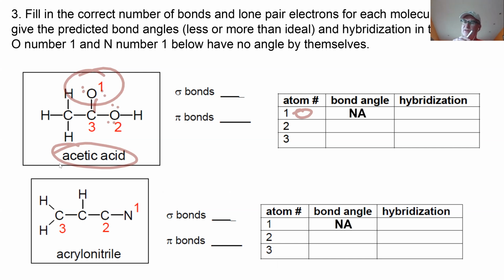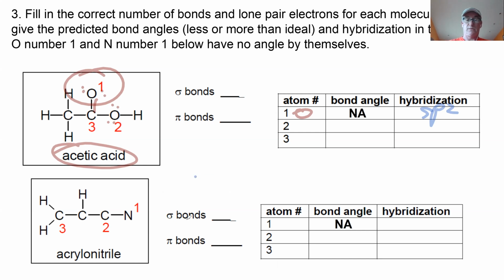How many regions of electron density? Therefore, what's the hybridization? There's 3 regions, so would it be sp2? That is right. sp2, because it has 3 regions of electron density.